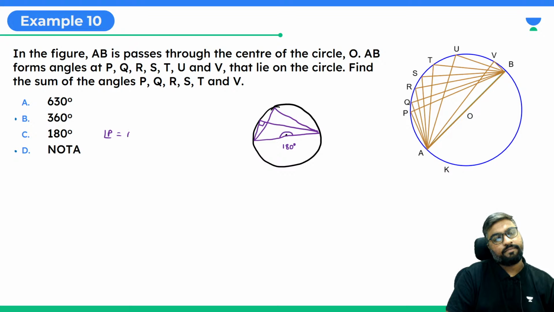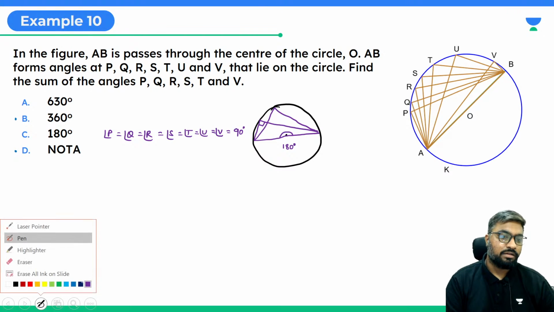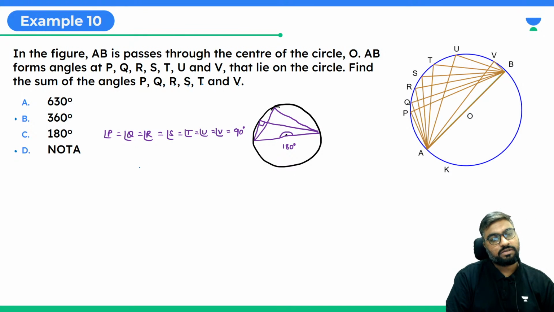Because it will be half of the central angle. Yeah, but the question is asking P plus Q plus R plus S plus T plus U, which is 6 angles. So 6 into 90 degrees, which is 540 degrees.